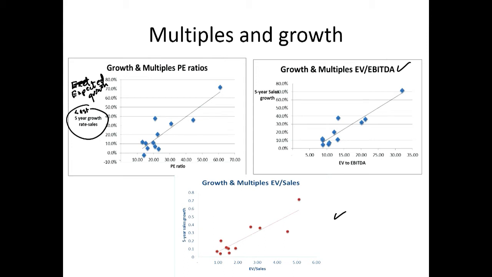But if I did that, I pretty much would get this relationship: higher multiples imply higher growth, in fact, higher expected growth. So there's a one-to-one relationship. High growth firms have high multiples. Low growth firms tend to have lower multiples.